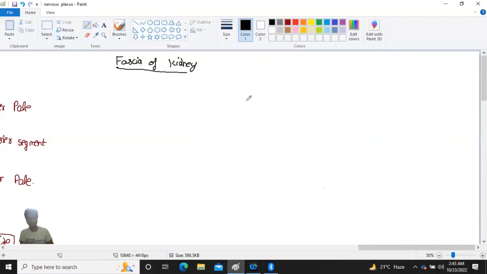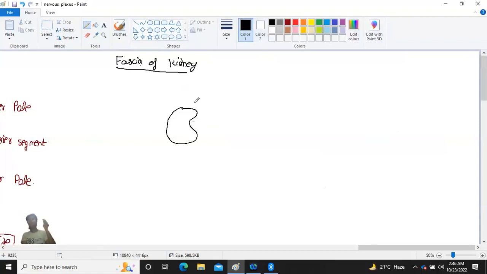So fascia of kidney is like this. Let's say this is the kidney. We draw the superior view. We know that above the kidney there is a diaphragm, and fascia of the diaphragm is called diaphragmatic fascia. So diaphragmatic fascia extends below and covers the kidney.